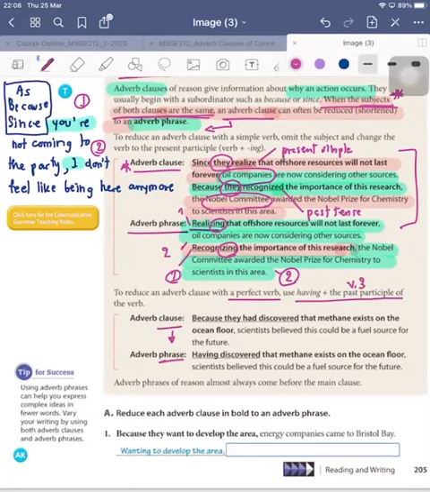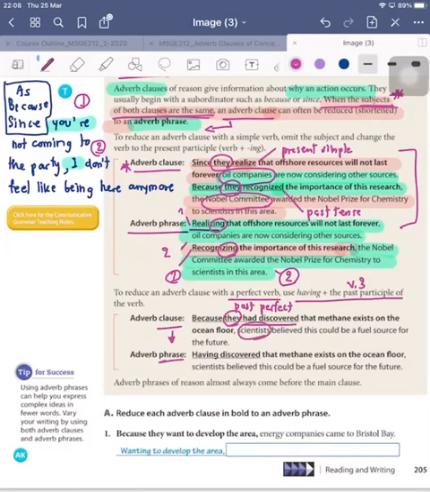Okay, example. Because they had discovered, that's obviously past perfect. Because they had discovered that methane exists on the ocean floor, scientists believed this could be a fuel source for the future. Same thing here, they and scientists, these are the same people, right?